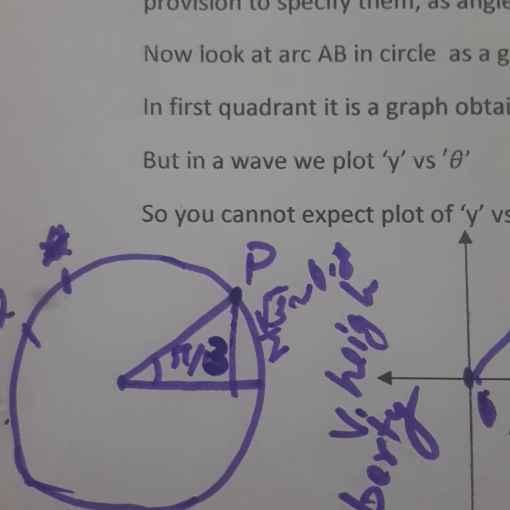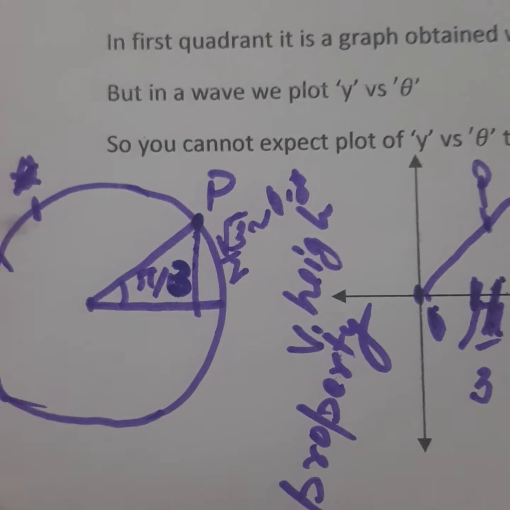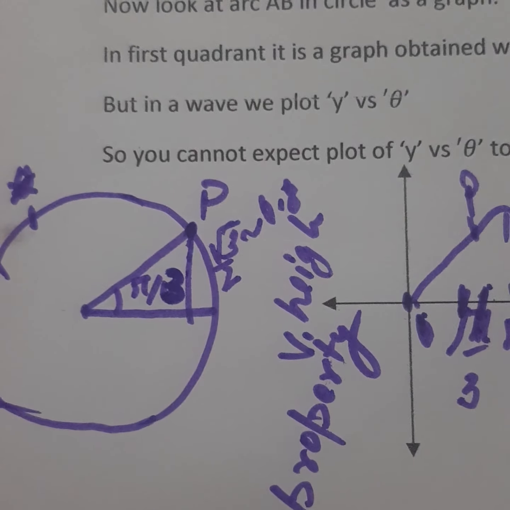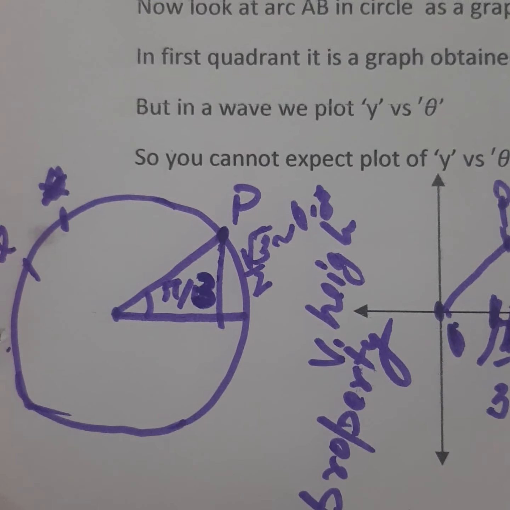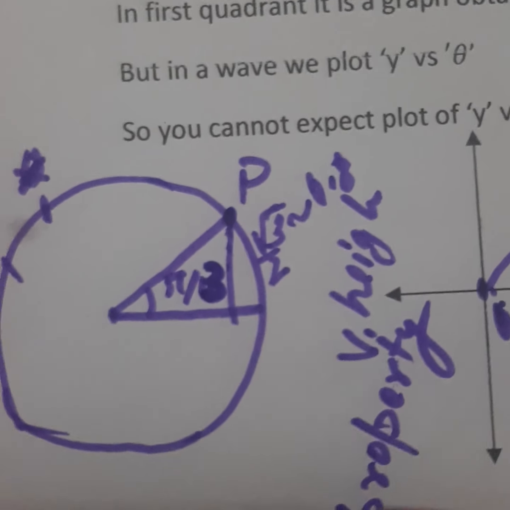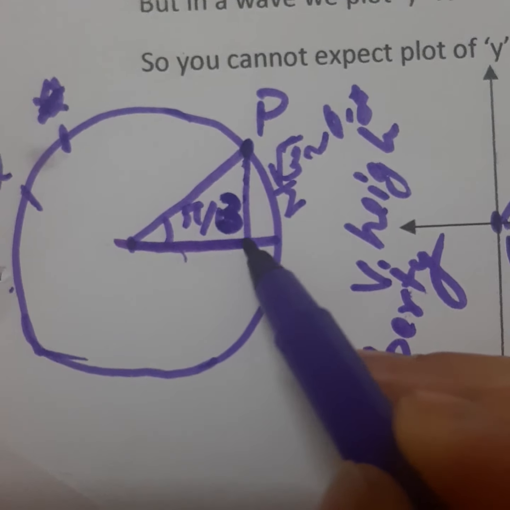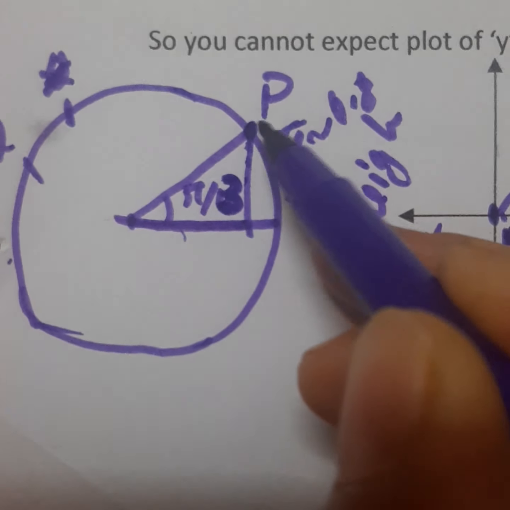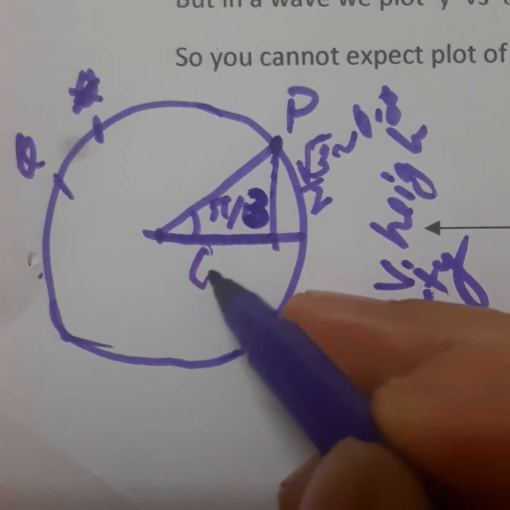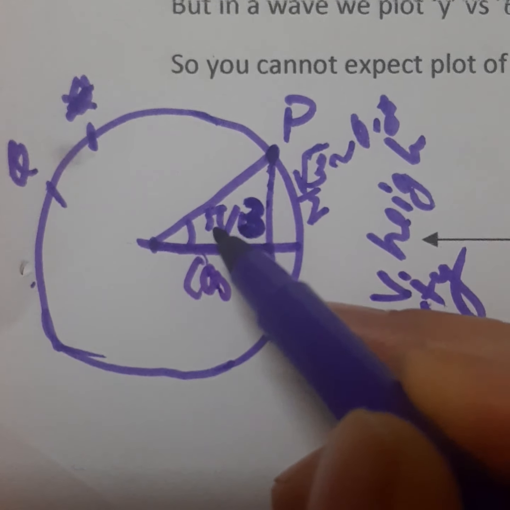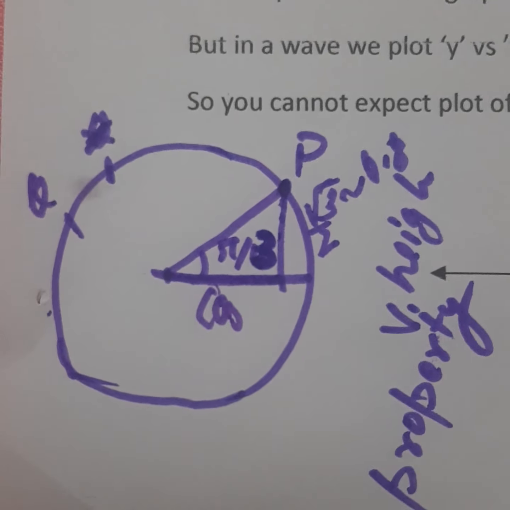But if we represent the same point by using its horizontal line property, what is the horizontal line property of this? Cos theta. What is the horizontal distance describing P? That is cos theta, which means cos pi by 3.